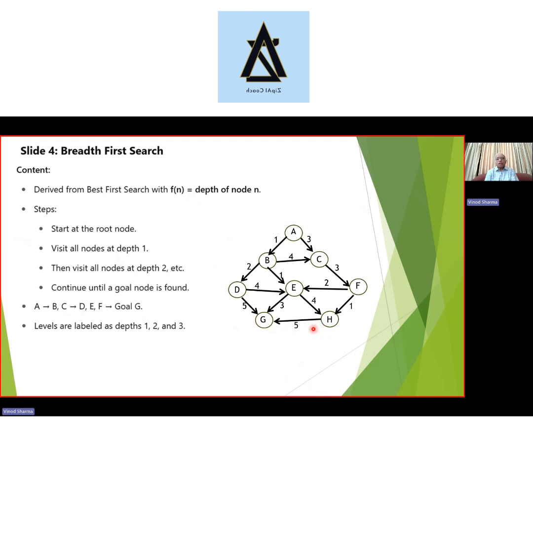And both of these nodes are goal nodes. So via this algorithm, you go from A to B and C. Then from that, you go to depth 2 nodes, D, E, and F. And then you go to next depth, that is depth 3 node, that is G. And as soon as you reach G, you stop the algorithm. So this is called breadth first search.